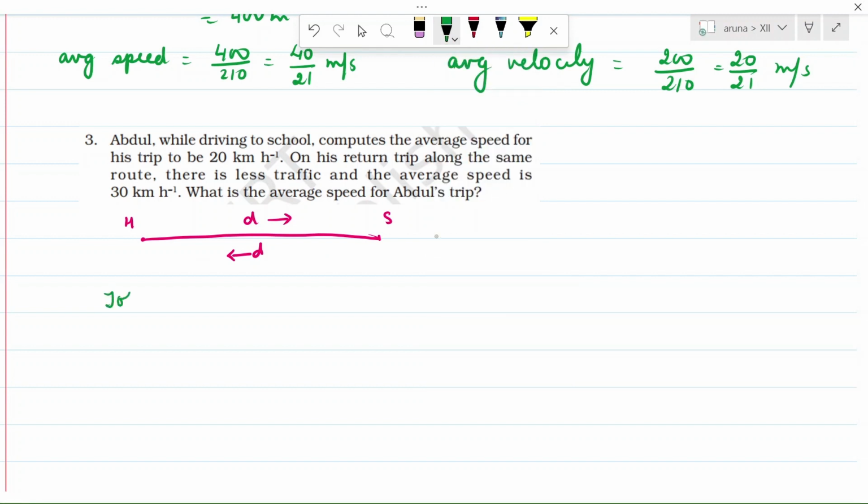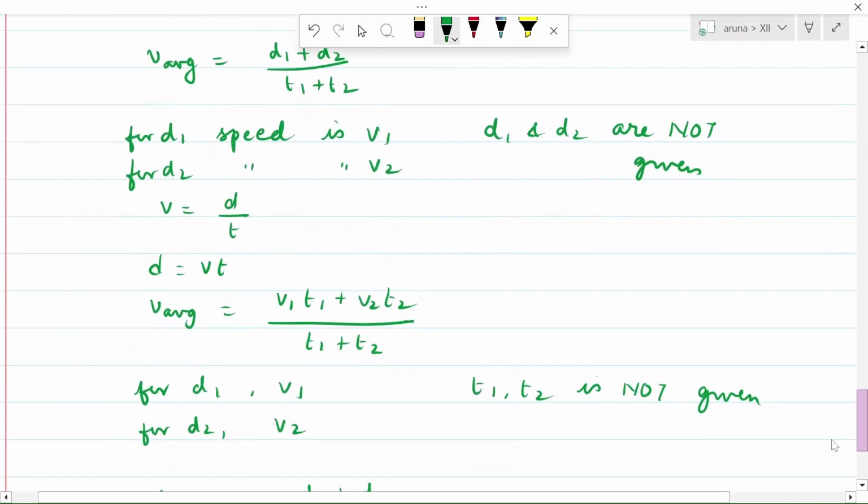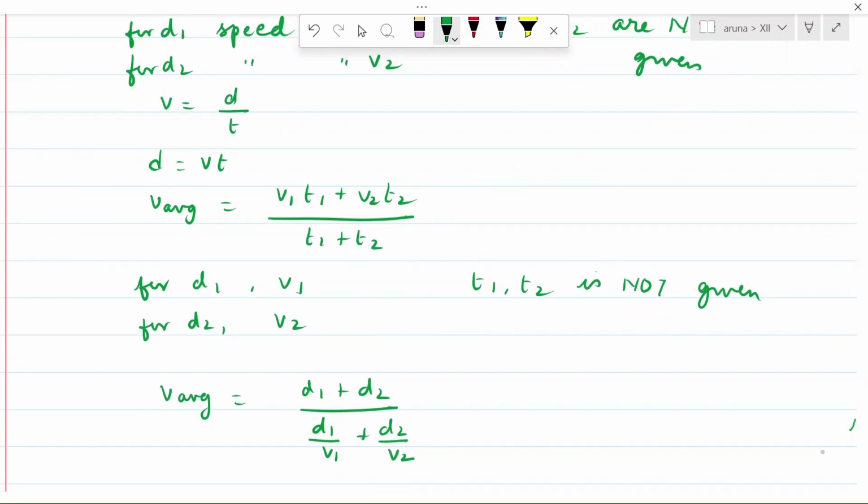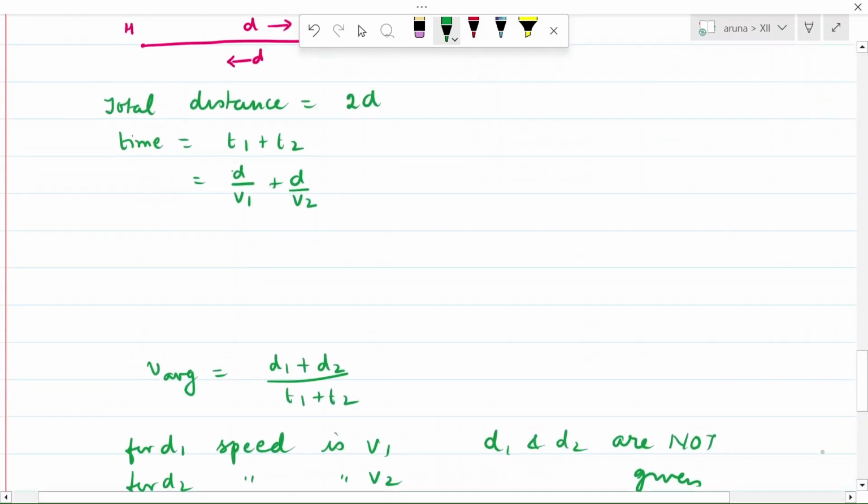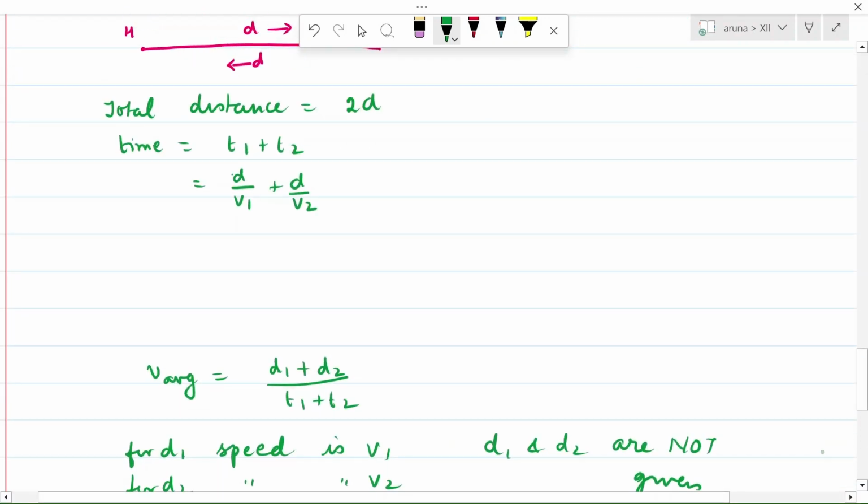So total distance covered will be d going, d coming, and time, like I showed you in the calculation, T1 plus T2 will be d by V1 plus d by V2. See this, I showed you in the third example. In this case, d1, d2 are equal, so we put it as d.